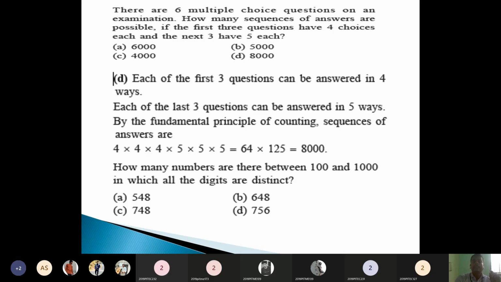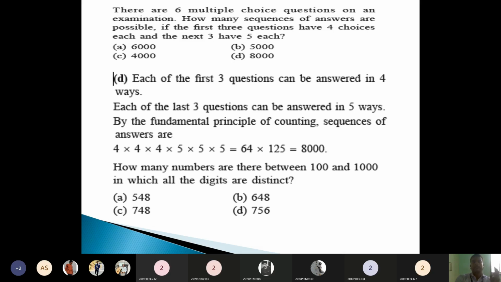Each of the first 3 questions can be answered in 4 ways: the first question in 4 ways, the second question in 4 ways, and the third question in 4 ways.